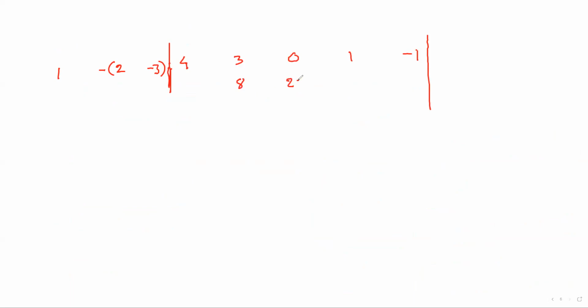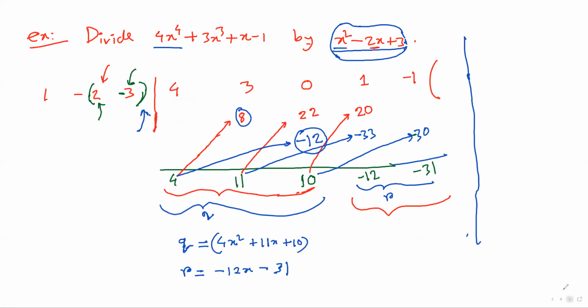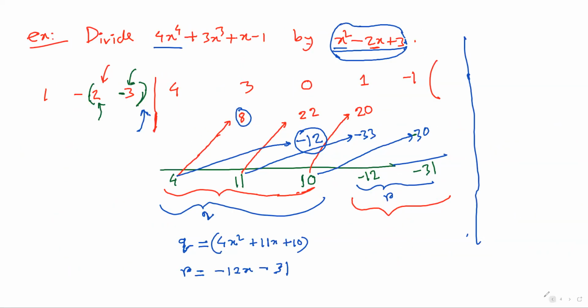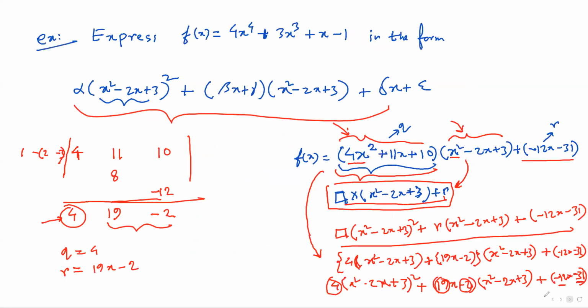Minus 12, minus 33, and 30. So that when added, we got 4, 8, 10, minus 12, and we got minus 30 there, so minus 31.